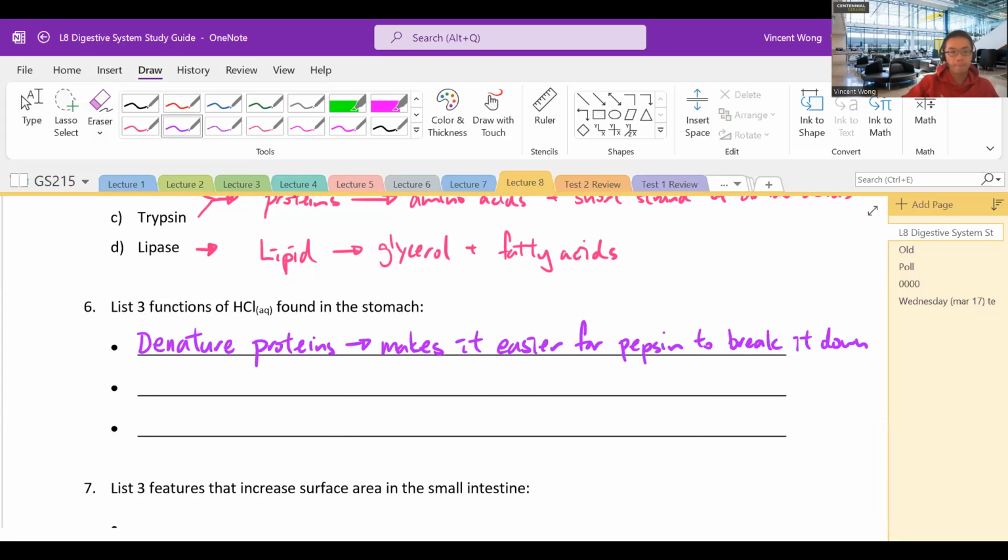The second function of hydrochloric acid is to activate pepsinogen into pepsin.